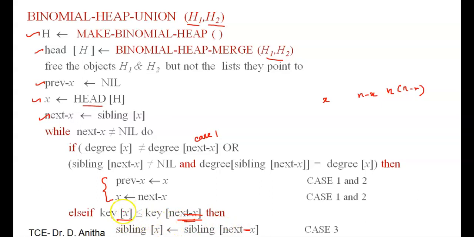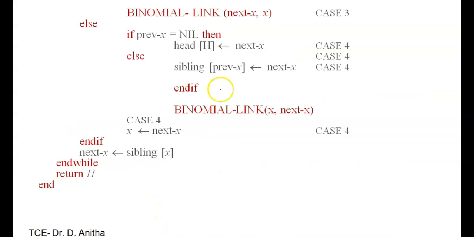So if x is minimum, then I have to make this as the child. So those steps are being given. See, I am making the link. I am making next x the child of x. Otherwise, I am making x the child of next x.